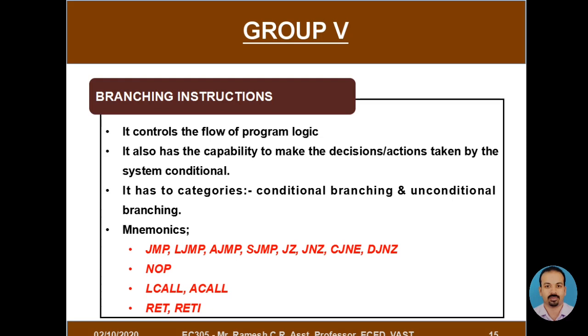And RETI is the mnemonic used in the instruction to return from a new location to which the program flow was shifted due to the presence of an interrupt. Normally LCALL and ACALL are not necessarily used for transferring the program logic to a new location based on an interrupt.